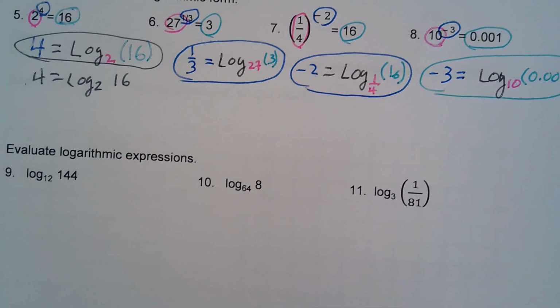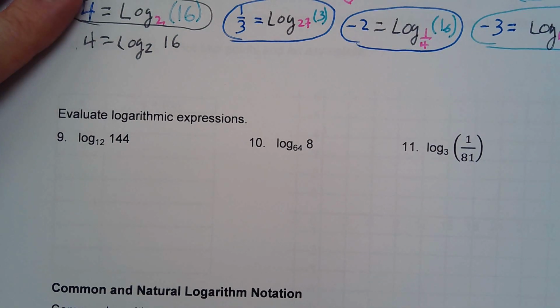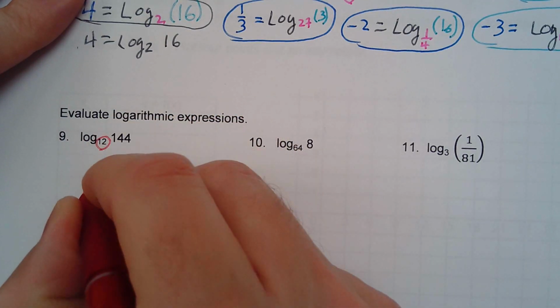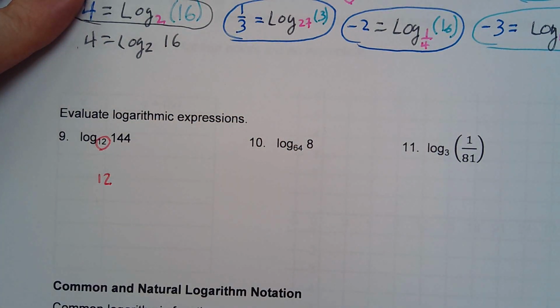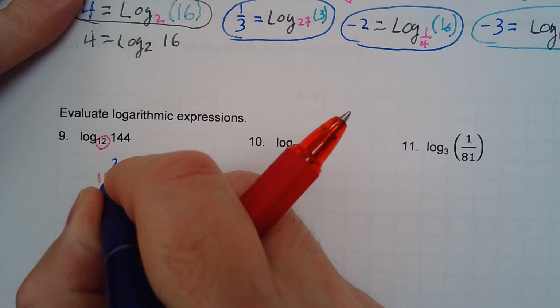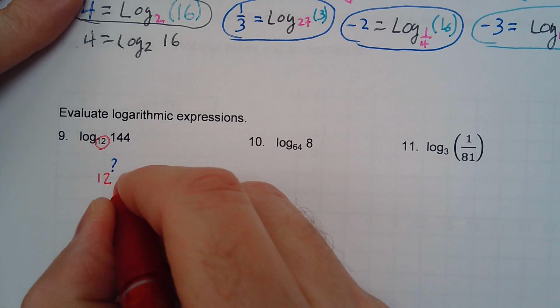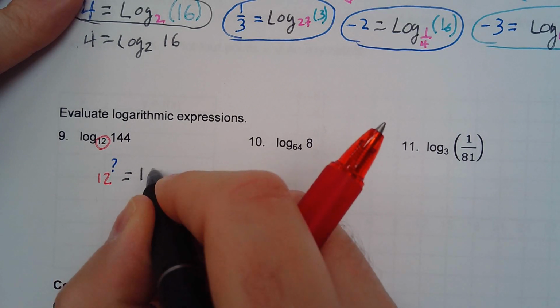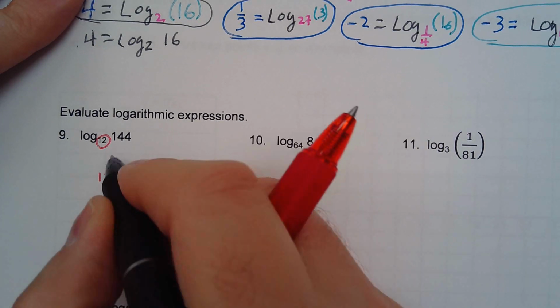All right, so let's do some actual evaluating of logarithmic expressions. So my base here is 12. I'm trying to find out what the power is. And that's got to be equal to 144.